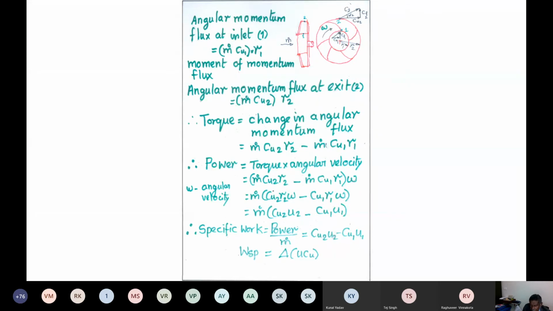Okay, so the limitations: it's a very simple equation. It is a one-dimensional equation. That means you have the inlet and exit, and we say that you have a single velocity c1 there. But now you know that this single velocity concept is not there anywhere. Even if you take a pipe, at the core you will have a maximum velocity, and as you move towards the walls, the velocity will decrease.